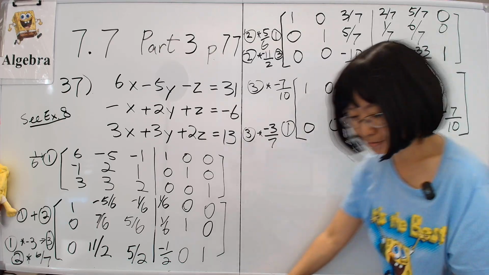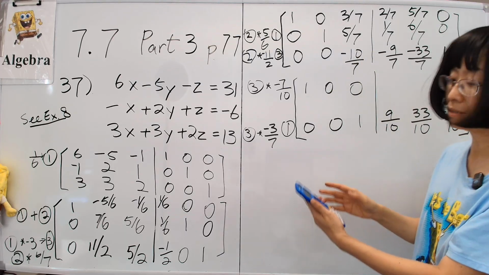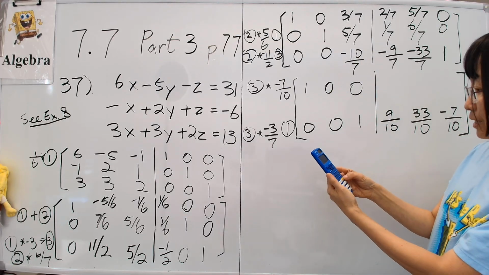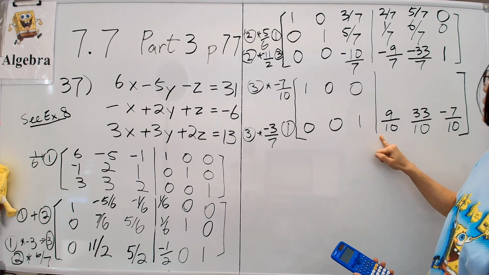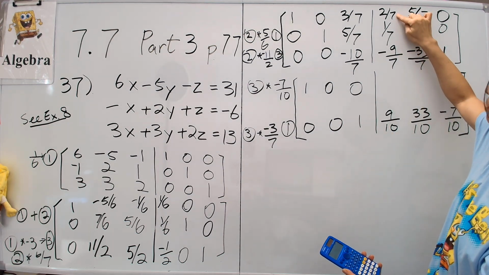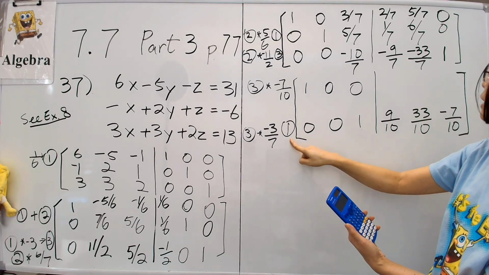And then next, we need row 3 times whatever, and we'd better do that on the calculator. So on the calculator, we have 9/10 times negative 3/7, added to 2/7. Because we said row 3 times negative 3/7 added to row 1.